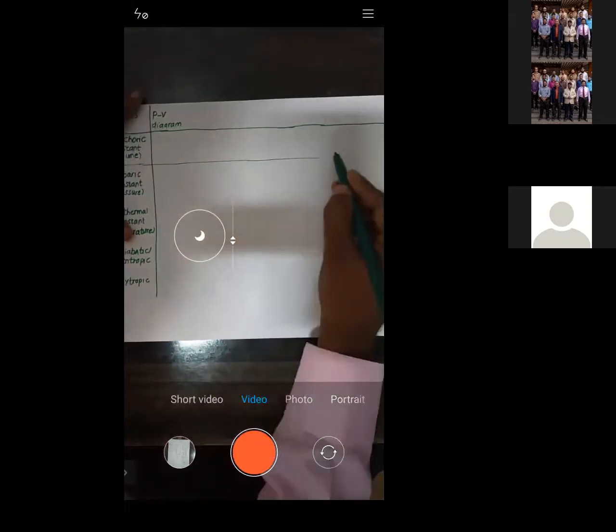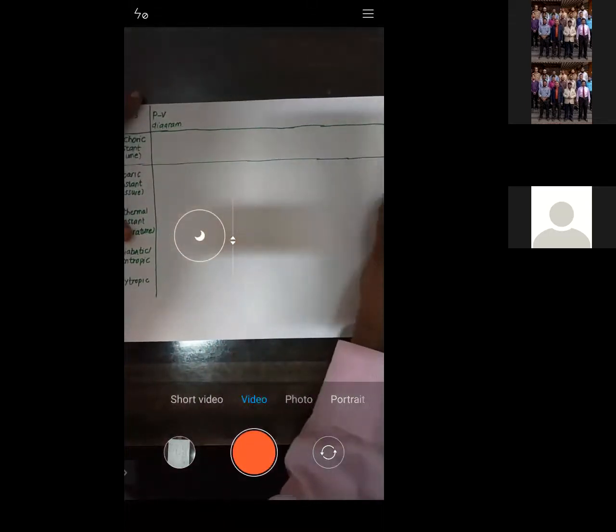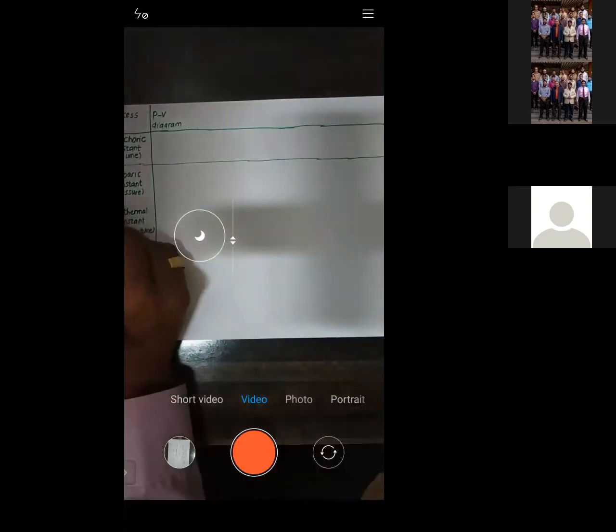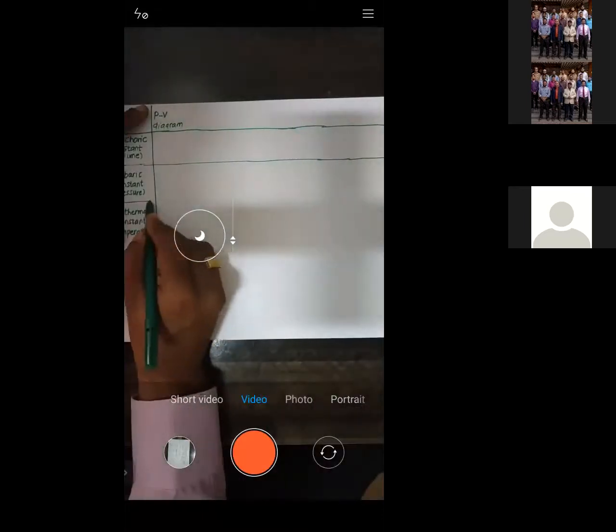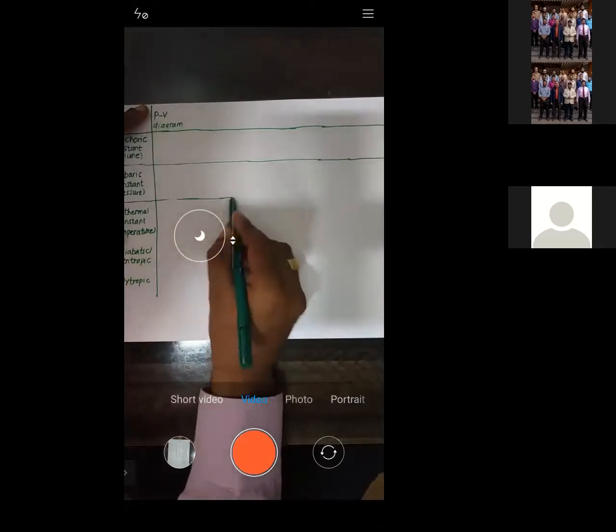Let us mark this table. See, when you draw it on your own, only then will you be able to understand. Otherwise, you will find that the things are very difficult.